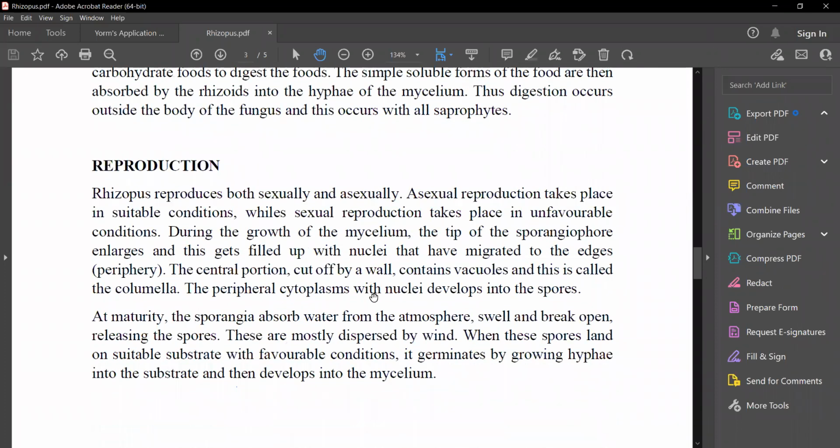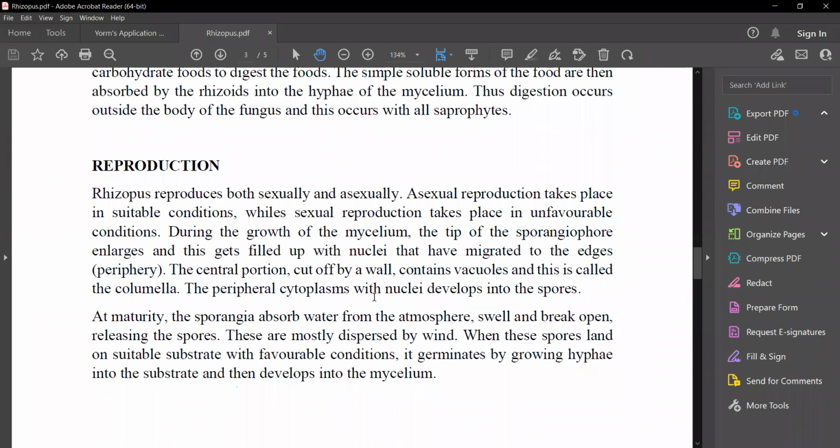Sporulation and production of spores. So during the growth of the mycelium, the sporangiophore, as I said, is the part that arises from the meeting point of a stolon and a rhizoid, the vertical part. The tip of the sporangiophore keeps growing and enlarges, right?